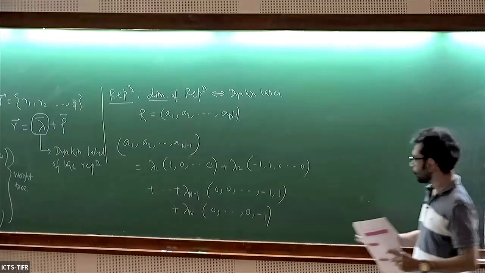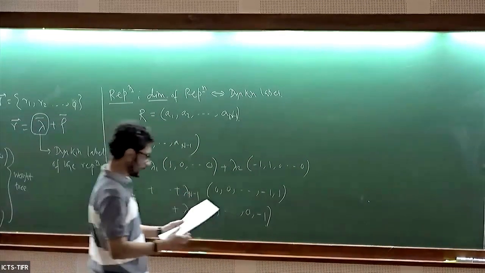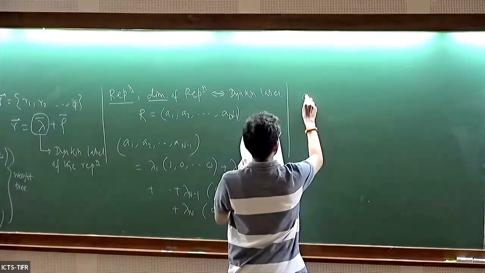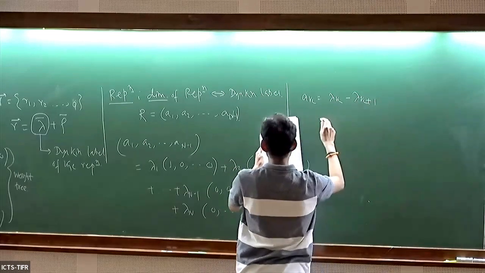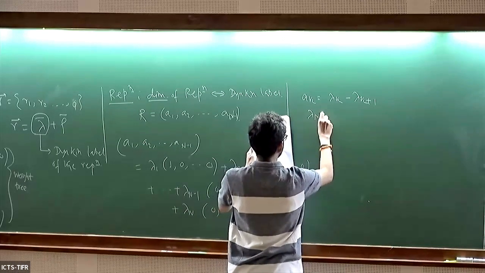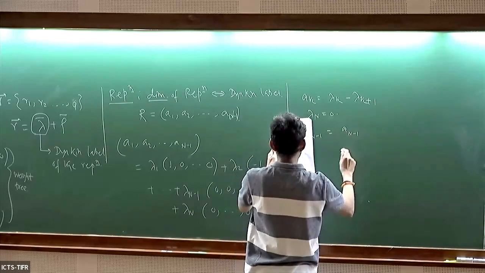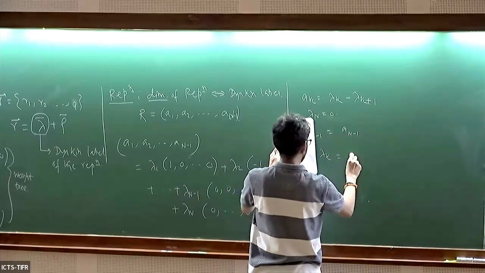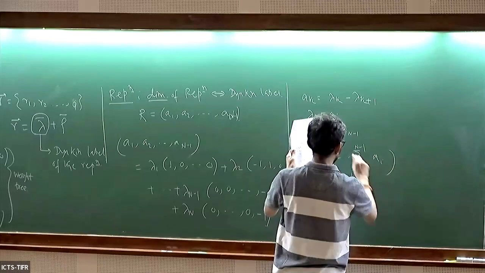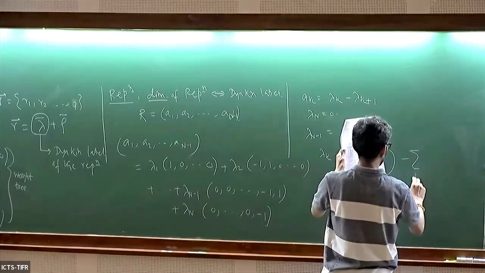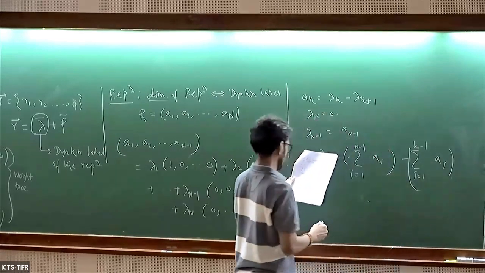Fine. Now we can invert this relation. It's a linear relation, so we can easily invert it. Now if you invert this relation, you can write lambda n equal to 0, lambda n minus 1 is a_{n-1}, lambda k equals the sum over i equal to 1 to n minus 1 of a_i minus the sum over j equal to 1 to k minus 1 of a_j, where i not equal to j.